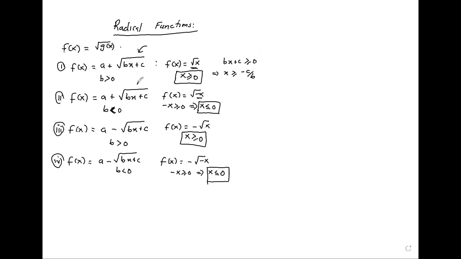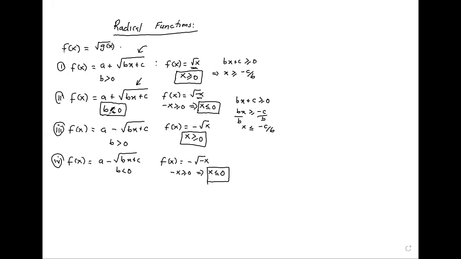If we come to this one here, we'll have bx plus c greater or equal to 0. This will be bx greater or equal to negative c, divide by b, divide by b. We'll have x less or equal to negative c over b. I've changed the inequality because we have said that b is negative. So whenever you divide by a negative number, the inequality would change.